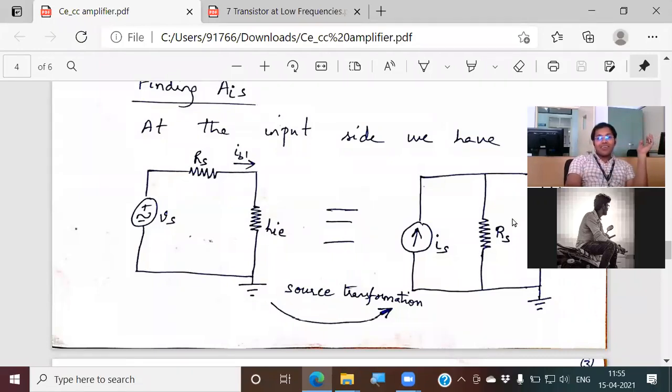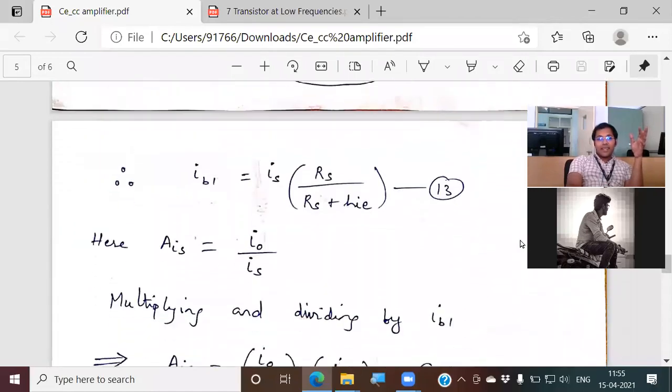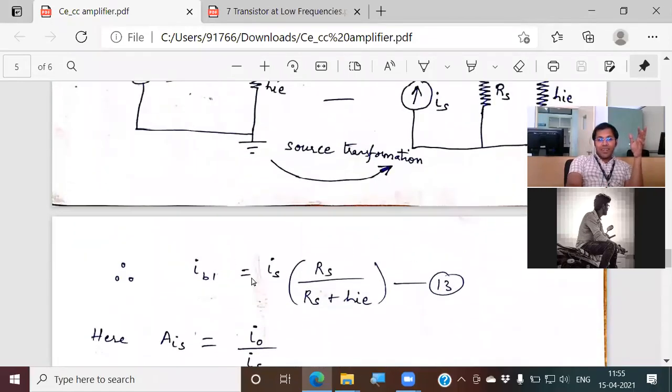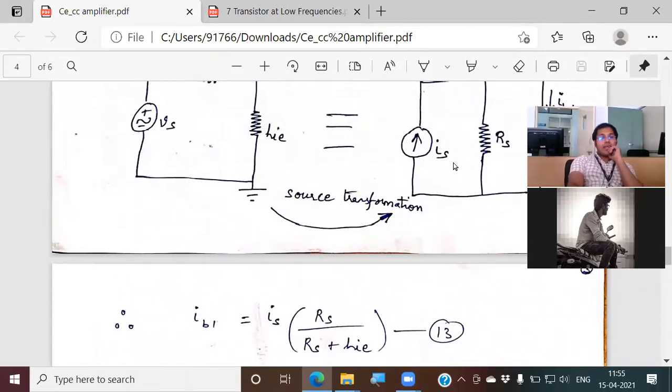I want this current, so the other resistor is RS. Total current into other resistor divided by the sum of the two resistors will give me this current. So, IB1 will be IS into RS by RS plus HI, that I am writing here.